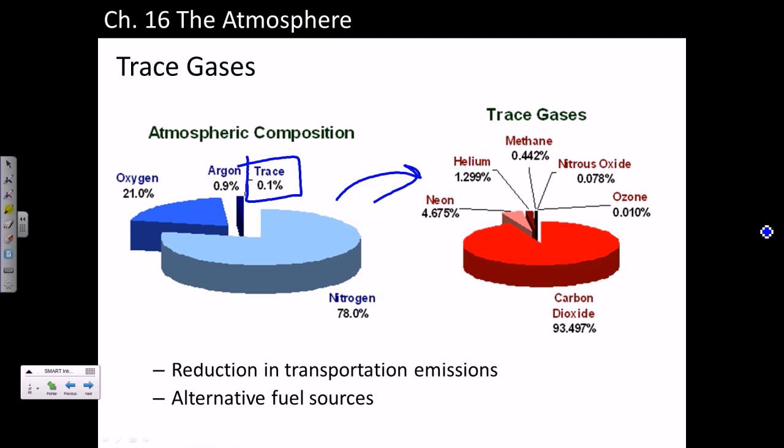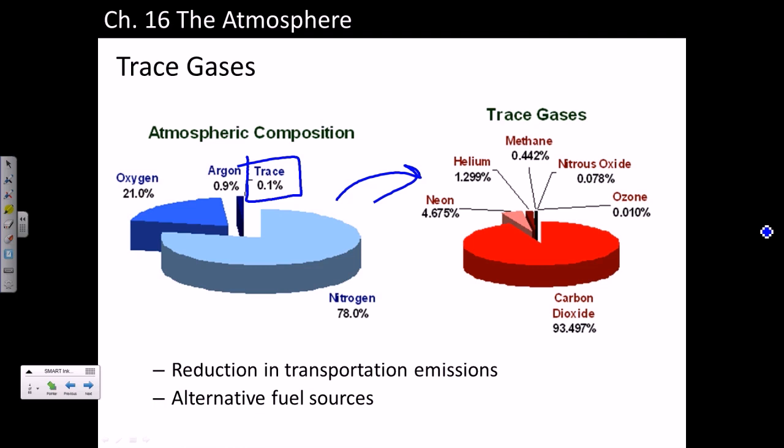Most of those trace gases are made up of carbon dioxide, okay, followed by neon, so an inert gas, and then lesser amounts of nitrous oxide, methane, and helium. Okay? And even in this tiny fraction of those gases, a small part occurs as ozone or O3.